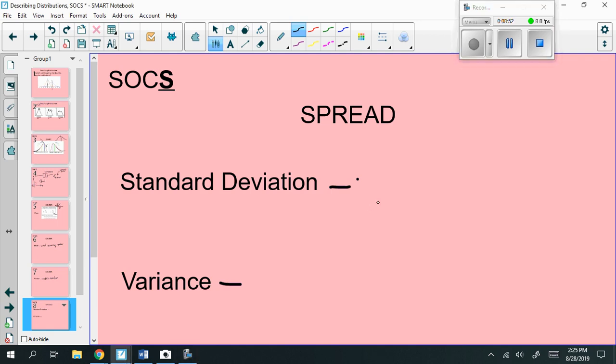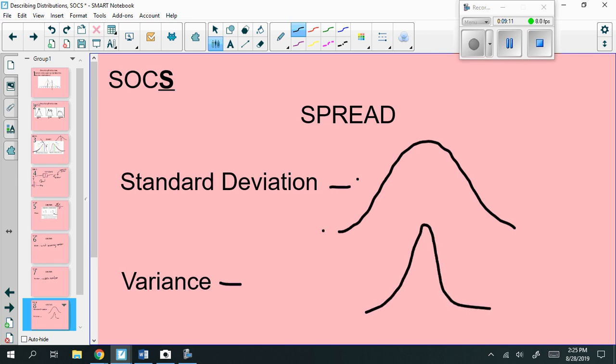So just a quick visual, which we're going to talk about in class, and I'll make another video on how to calculate it, but generally we'll use technology. So a distribution like this versus one like this. We can pretty clearly see that this is more spread out, this is less spread out. So we would expect our standard deviation in the one above to be higher than our standard deviation in the one below.